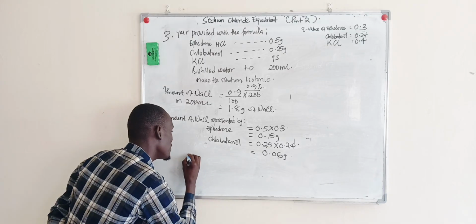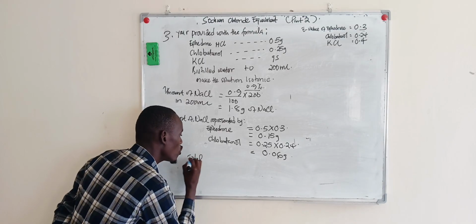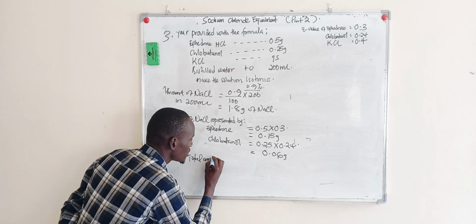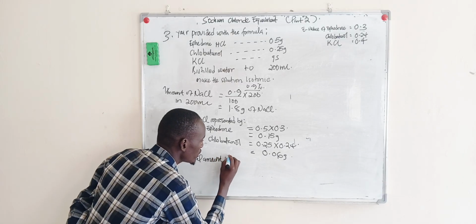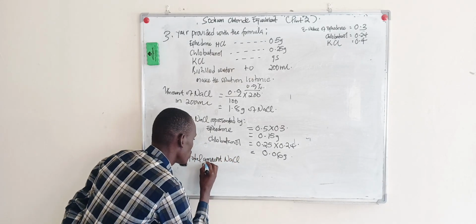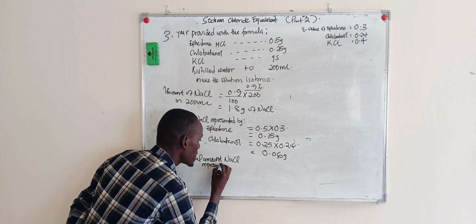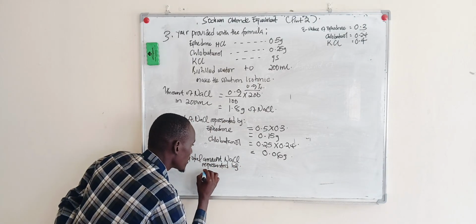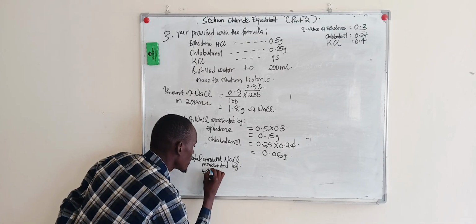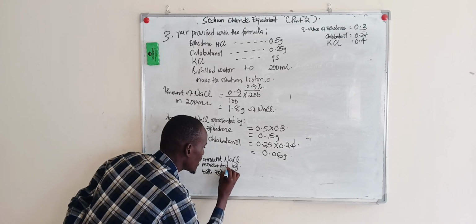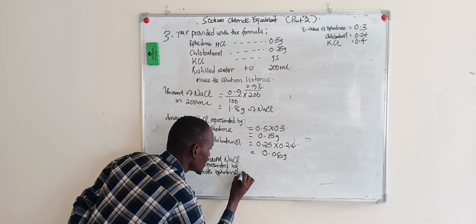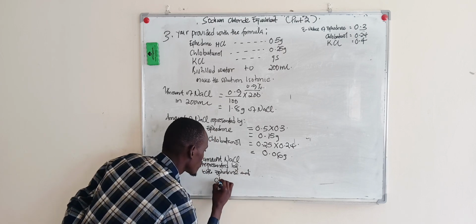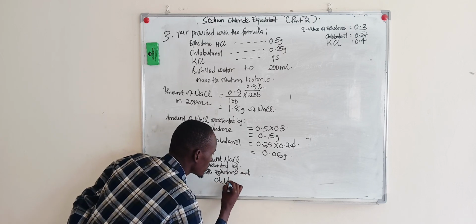So we shall come and get the total amount of sodium chloride represented by both ephedrine hydrochloride and chlorbutanol.